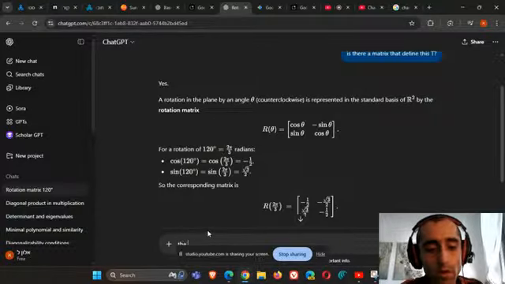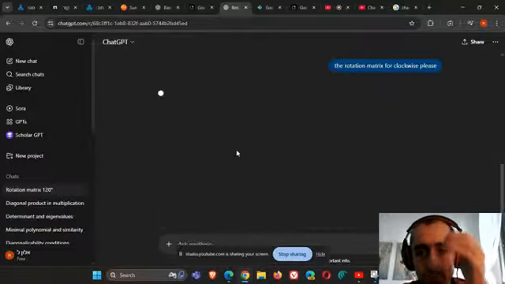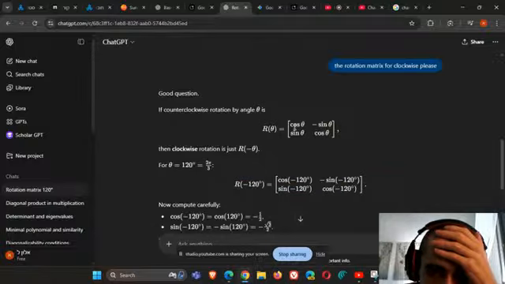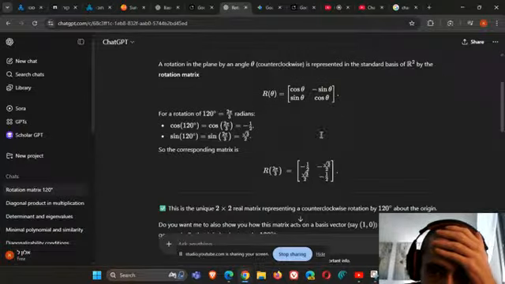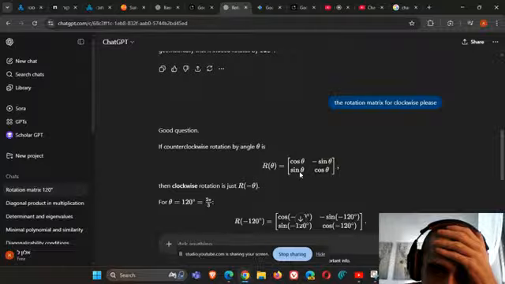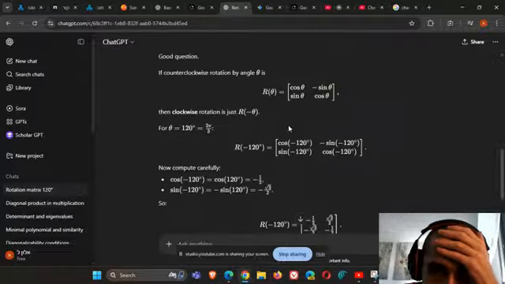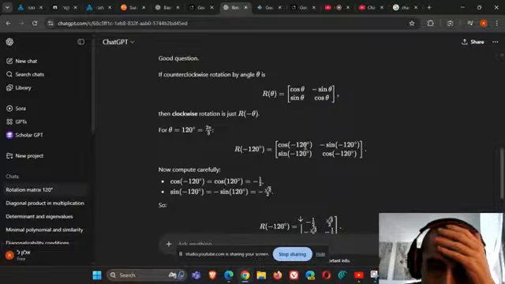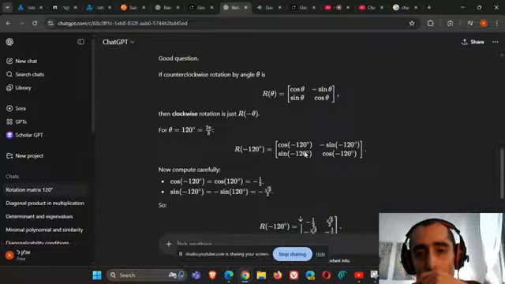Now the rotation matrix for clockwise, please. So if we look on this, you can see how it changed. So cosine theta and cosine theta stay right over here, and minus sine theta and sine theta. Oh no, you just plug in minus. I see.